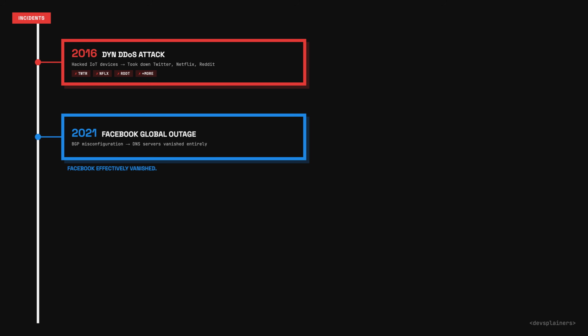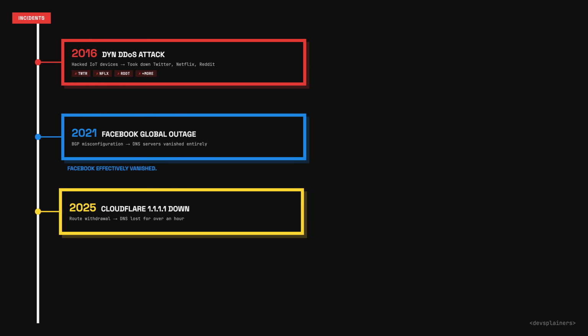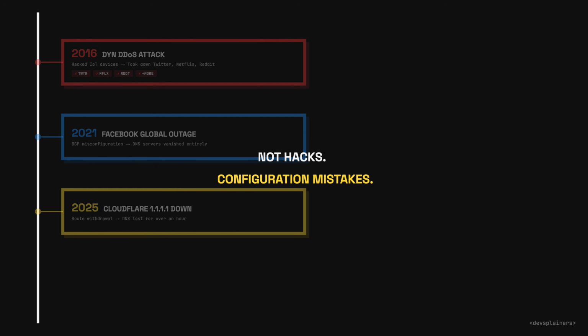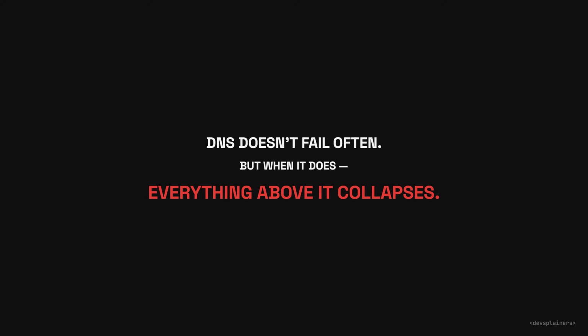Recursive resolvers everywhere returned errors. Facebook effectively vanished. And in 2025, a misconfiguration at Cloudflare withdrew routes for 1.1.1.1. Anyone using it lost DNS completely for over an hour. These weren't hacks, they were configuration mistakes. DNS doesn't fail often, but when it does, everything above it collapses.